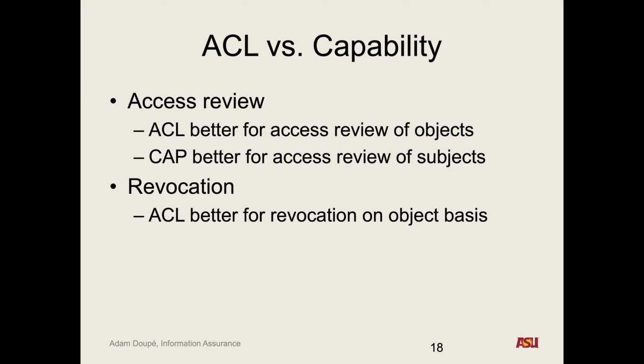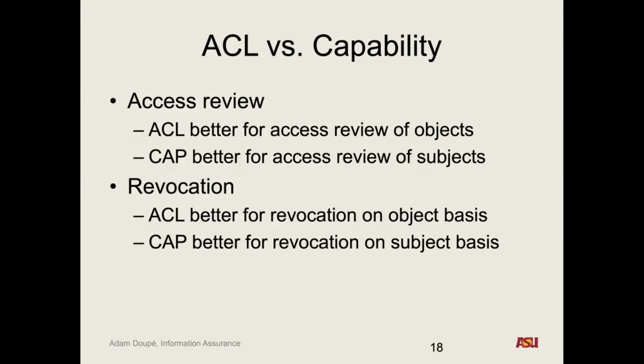If we have an access control list and I want nobody to have access to this file, well, it's pretty easy. We just delete the access control list and now nobody can have access to that file. Whereas capability lists are better for revoking a subject. So if I want to optimize my system around kicking students out of class, then capability lists are going to be better for that because I can just remove their capabilities.